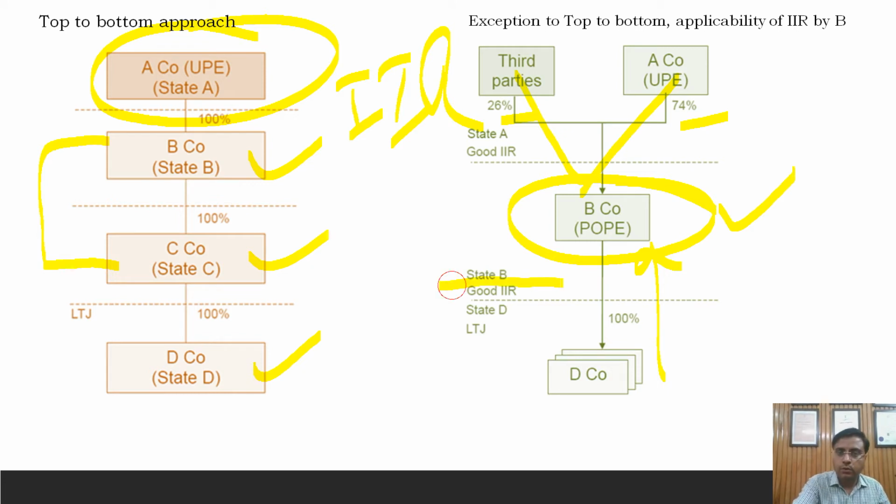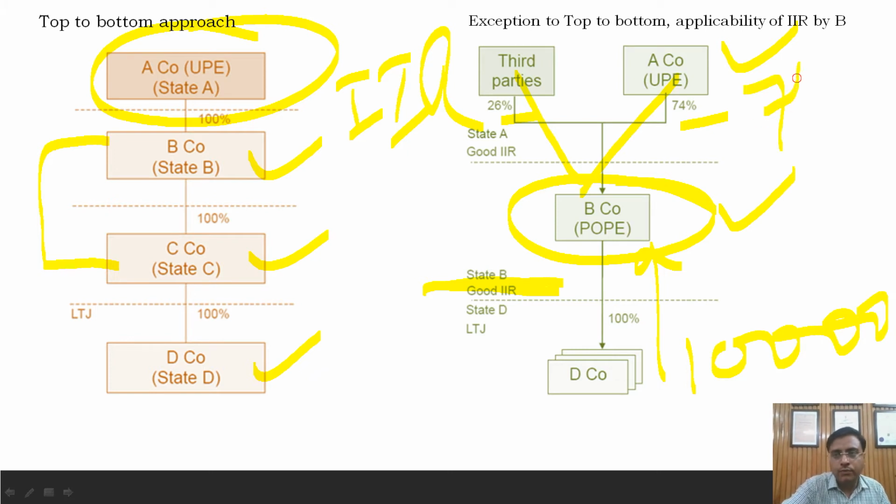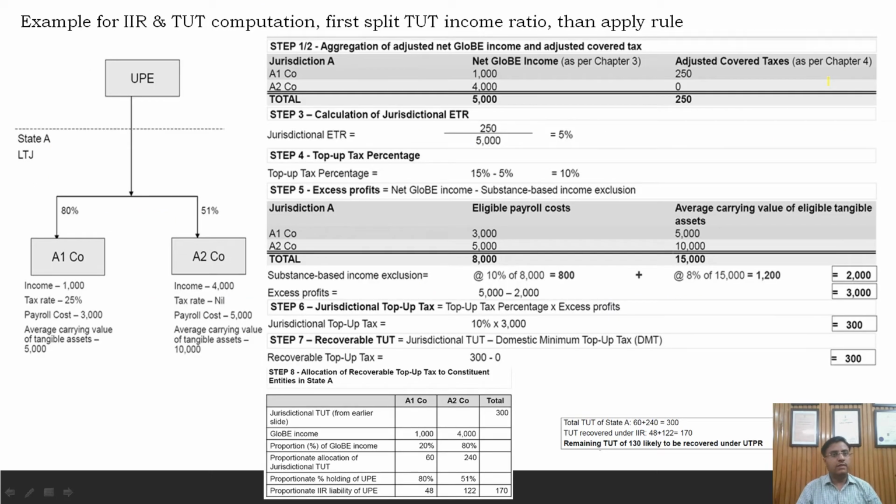So it is good for B company to adopt, because if this company adopts the IIR and has 10,000 profit, then in this scenario only 7,400 will be recovered through the IIR. So it is suggested that the partly owned parent company that owns 100% should apply it at that level. So this is the exception.